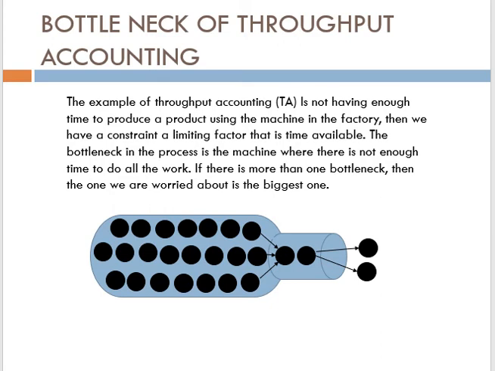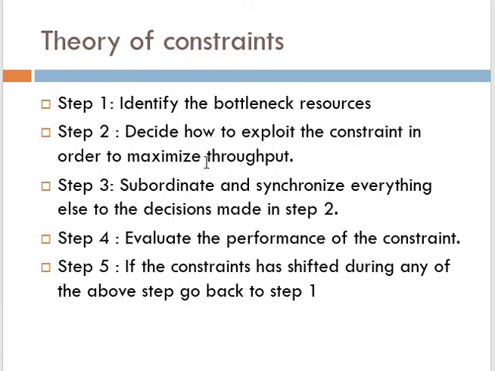So if there is more than one bottleneck, that is, more than one constraint involved which makes the production congested, then the one we are worried about is the biggest one. So in order to avoid all this, we will try the theory of constraints. So how do we tackle the constraints?